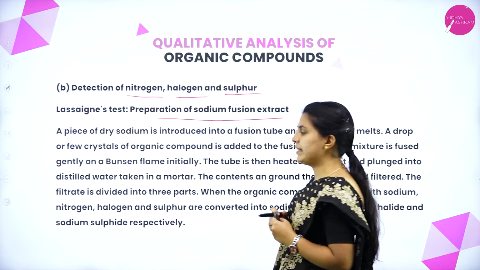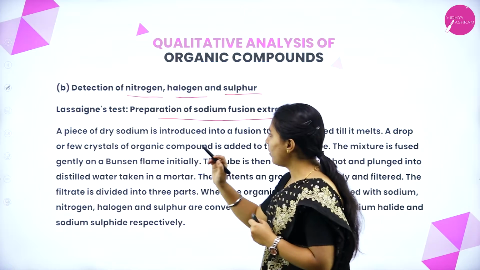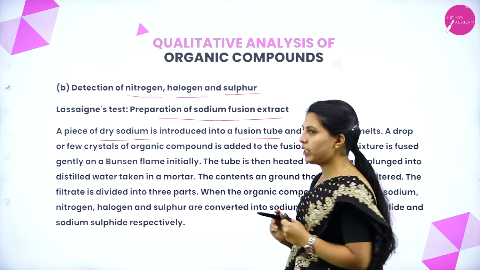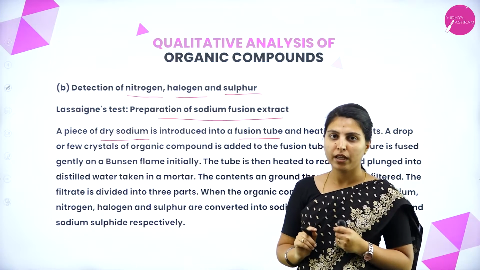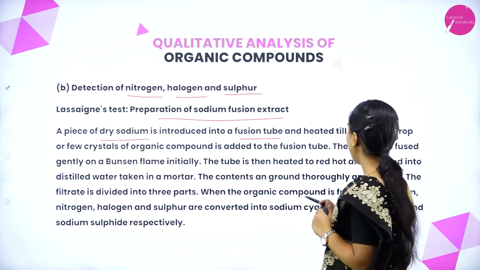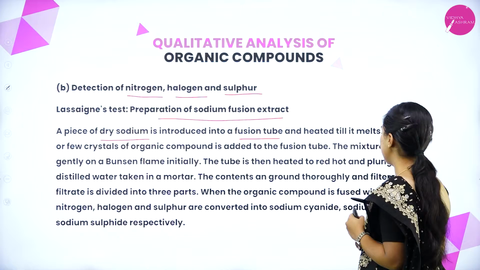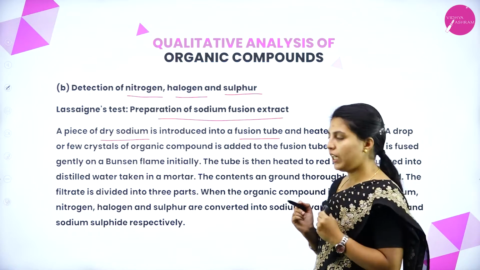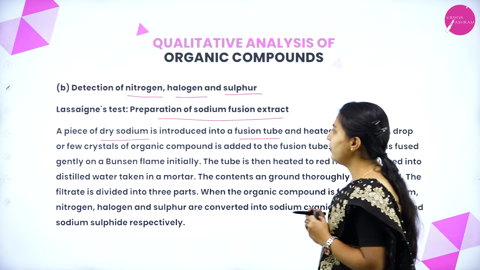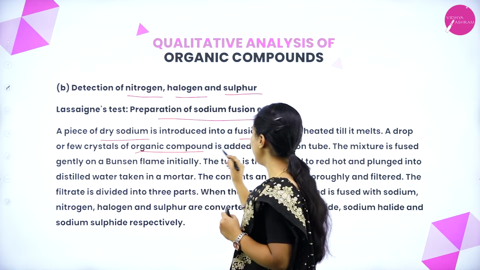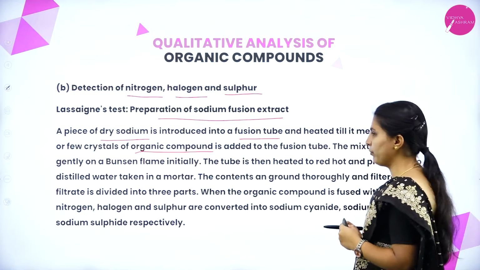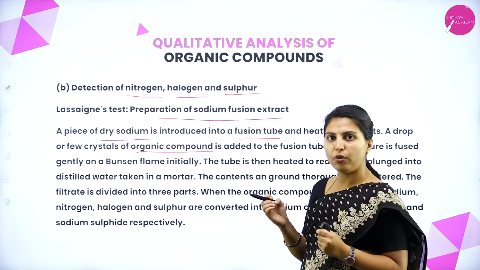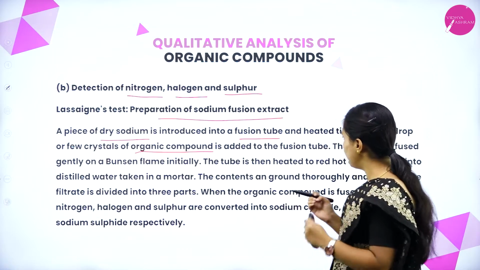Now we will see here. A piece of dry sodium is introduced into a fusion tube. The fusion tube is very small, not like a complete test tube, and it is heated till the sodium melts within that tube. A few crystals of organic compound are added to the fusion tube after it melts.